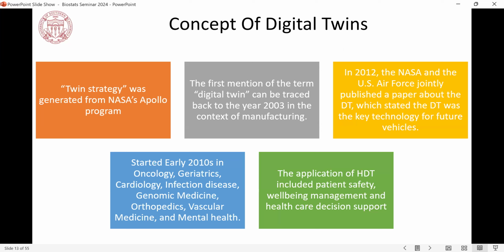They have two vehicles, one in space, the other in the station on Earth. If the space vehicle has a problem, they can't fix it directly, but they can do simulation. They transmit the problem back to the base, and people at the base simulate the problem that occurred in space, and then tell people how to fix it.